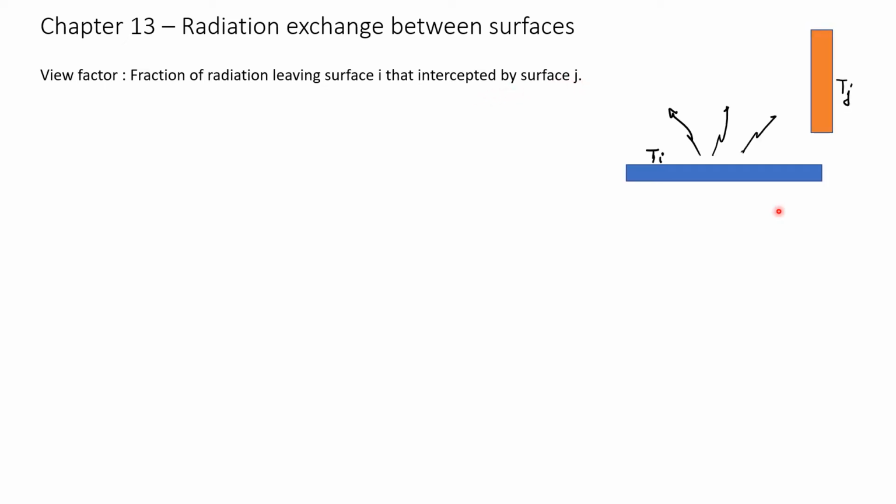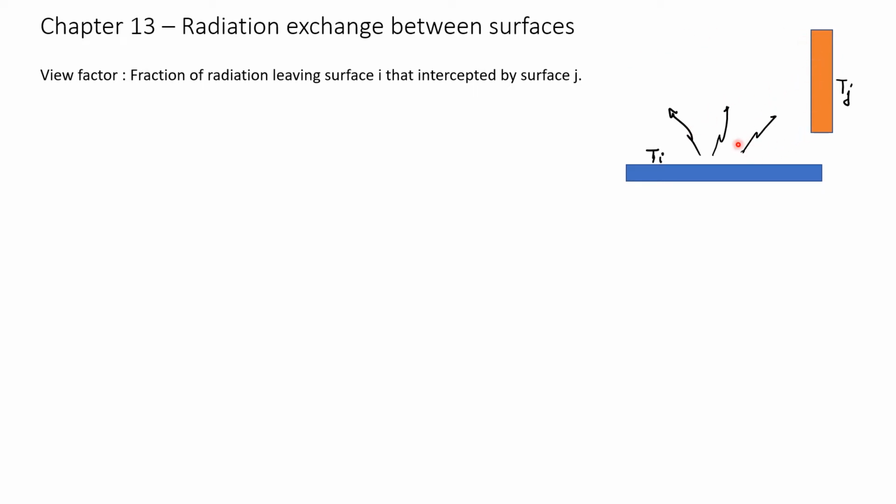Now, what does this mean? Let's say we have two surfaces, surface I, which is the blue surface here, and surface J, which is the orange surface here. Because of its temperature, surface I will emit radiation in all directions. Because it's a diffuse surface, it will emit an equal amount of radiation in all directions.